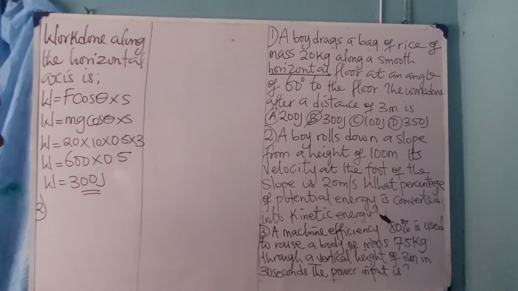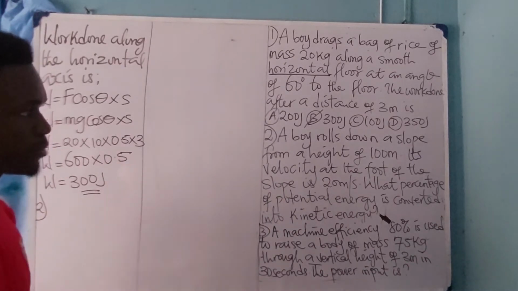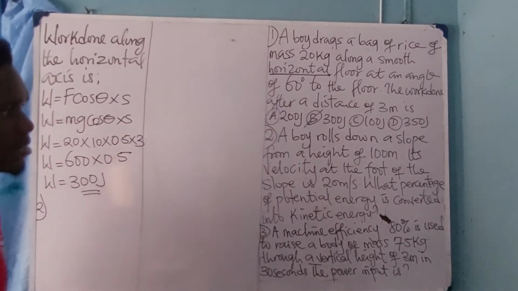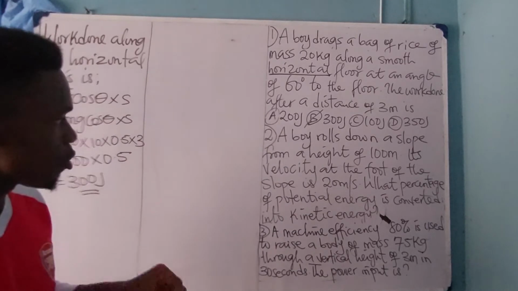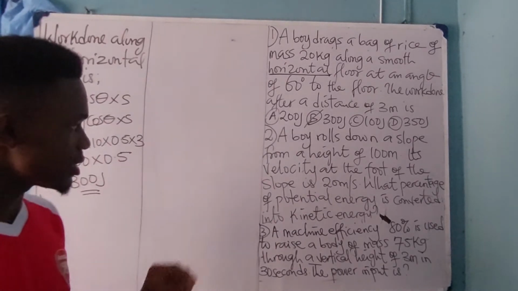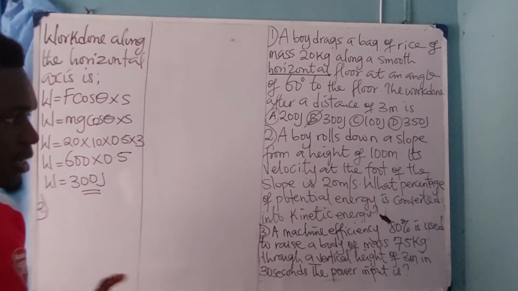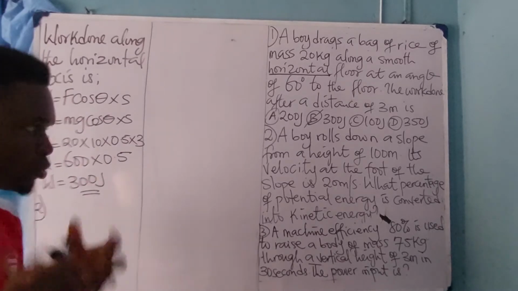from a height of 100 meters. Its velocity at the foot of the slope is 20 meter per second. What percentage of potential energy is converted into kinetic energy? Do you know? No, we do not know.